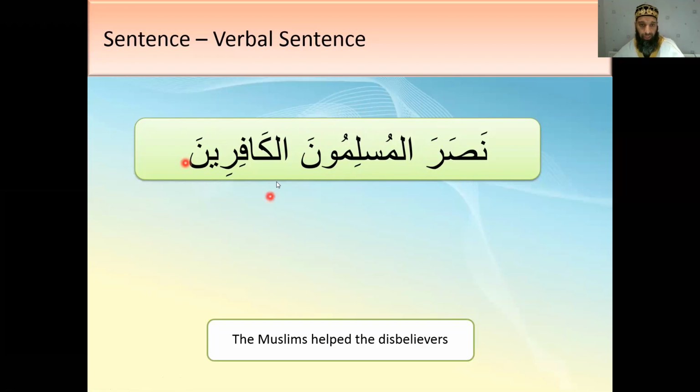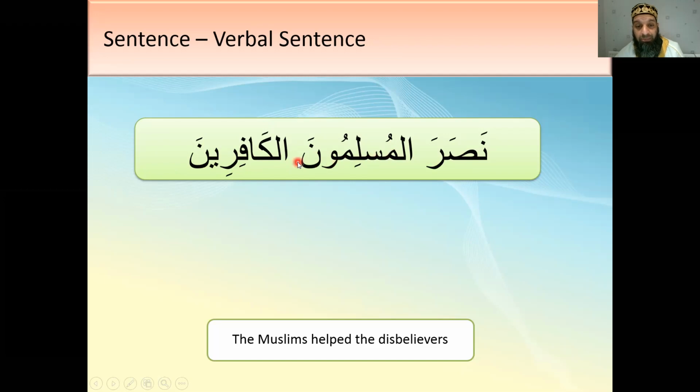Happy with that, everybody? What happens if I wrote Nasar al-Muslimun al-Kafiruna? What would that have meant? If this was marfu, then it would have meant the Muslims and the disbelievers helped. If I wrote Nasar al-Muslimin al-Kafirin, then what would it have meant?